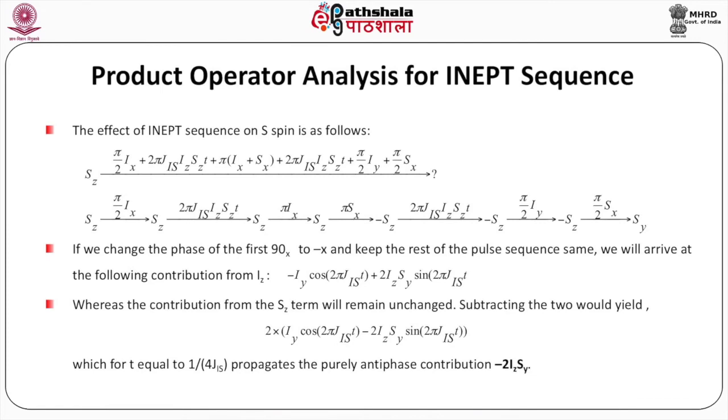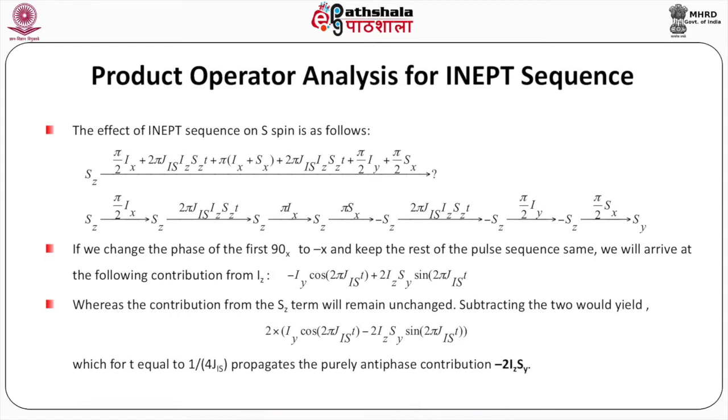Product operator analysis continued for the INAPT sequence, and here you have the other details, the effect of the INAPT sequence on the S spin, so that your SZ goes to SY. If we change the phase of the first 90-degree X pulse to -X and keep the rest of the pulse sequence the same, we will arrive at the following contribution from Iz: minus Iy cos 2 pi JIS t plus 2 IZSY sin 2 pi JIS t.